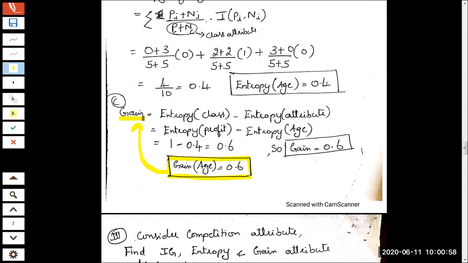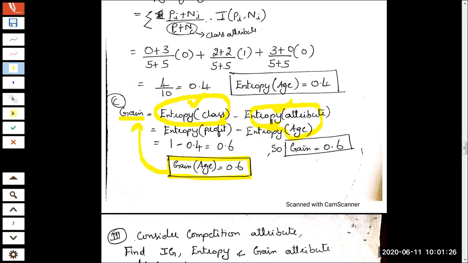Gain is equal to entropy of class minus entropy of the attribute, that is age. Meaning you need to compute two things to obtain the gain: first, the entropy of a class, and second, the entropy of a specific attribute, in this case the age attribute.